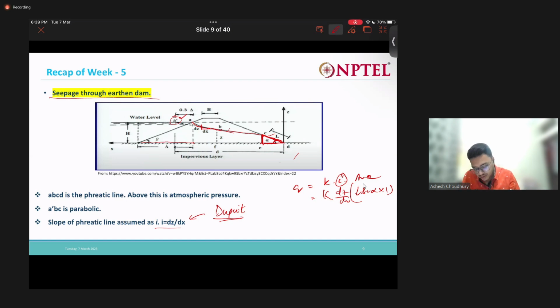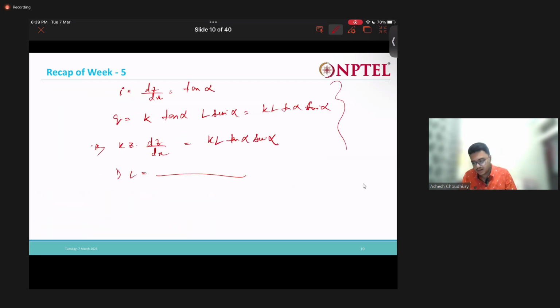Now how to calculate this d? It is nothing but the length from here to A dash, so we can also find d. Now you know d, and you know alpha. So you can calculate this length L from the equation that you derived here.